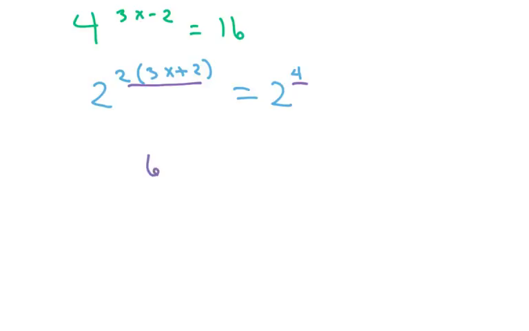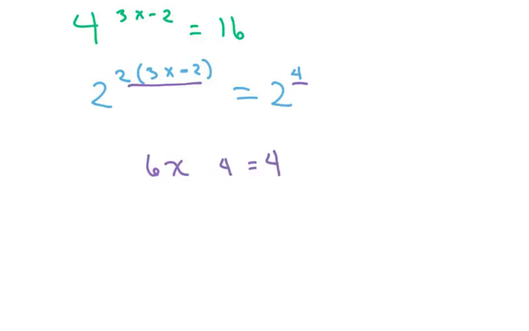So distribute here, you get 6x plus 4 equals 4. And some of y'all might have noticed, what I did here should have been a subtraction.